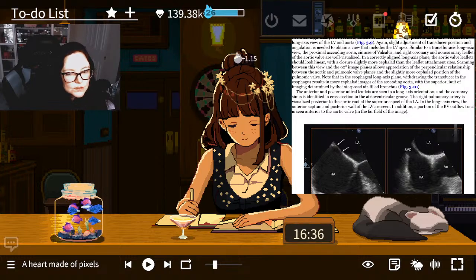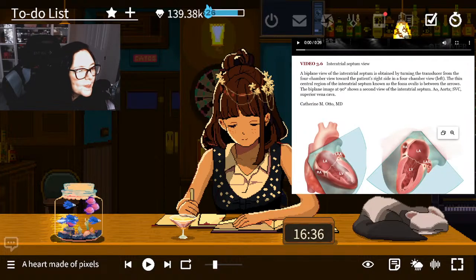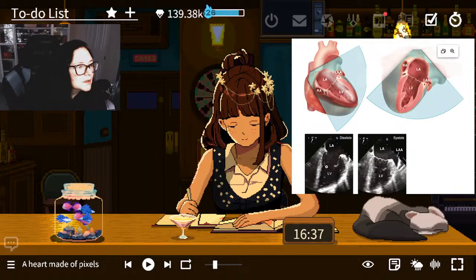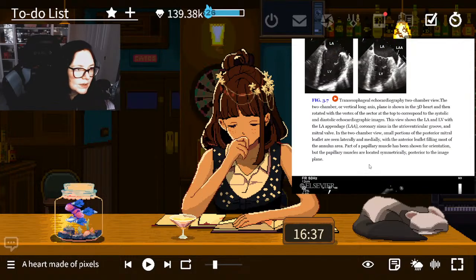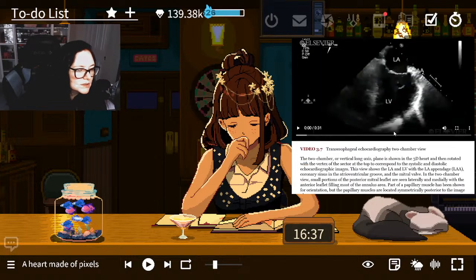Okay, so that's a long axis. It sort of looks like this is the left atrium and the left ventricle. But I'm pretty sure it's just a bad picture of this.